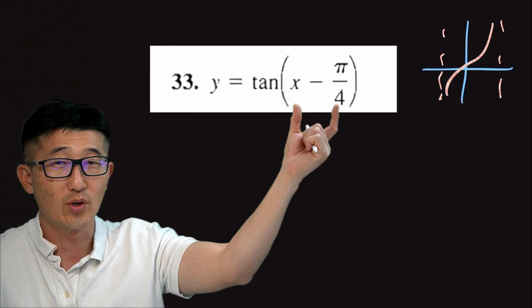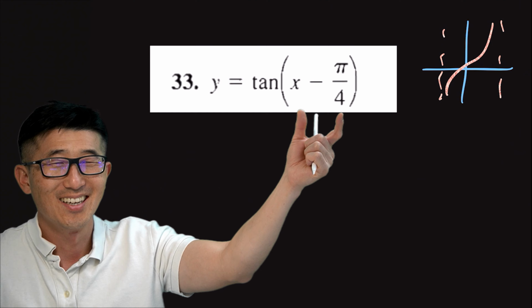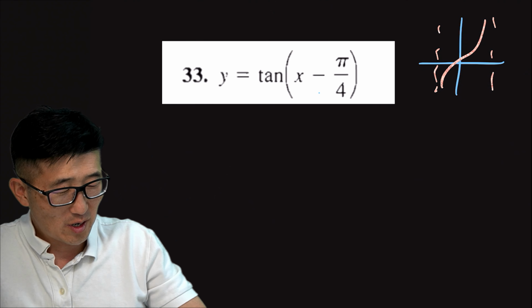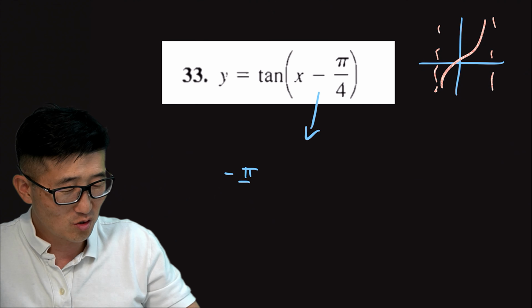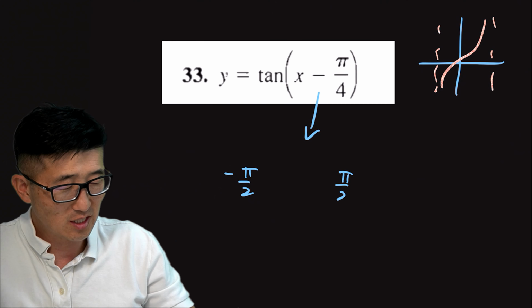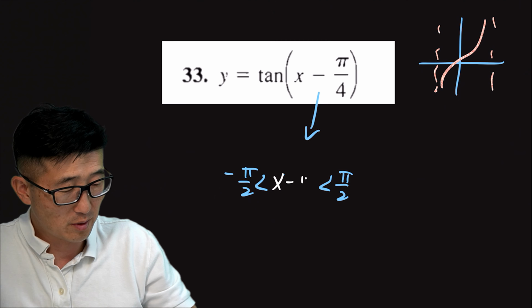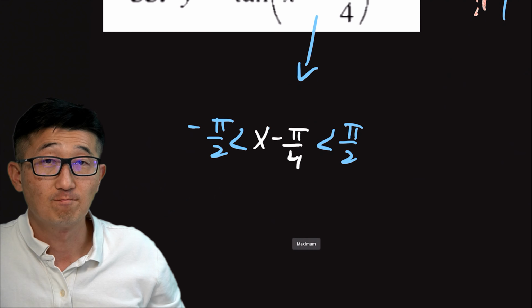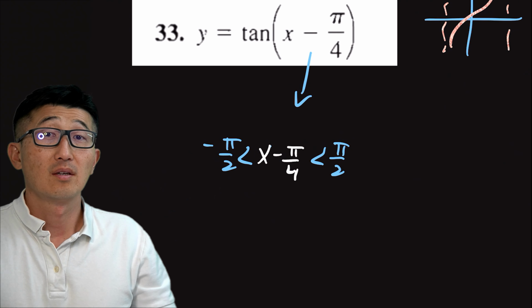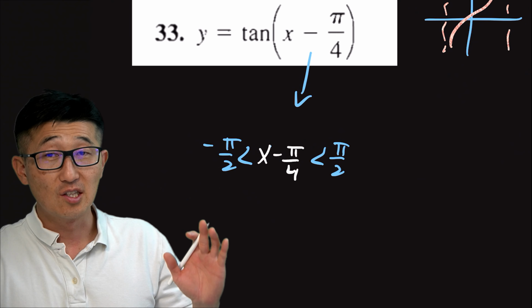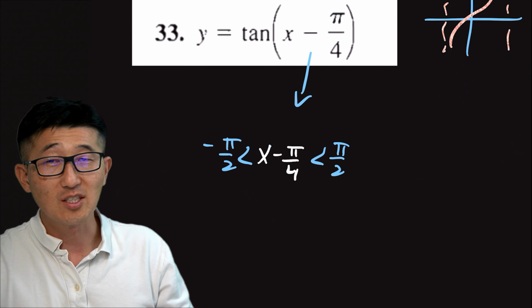So repeat after me, whatever's in the parentheses. Just put it right between negative pi over 2 and positive pi over 2. Like this. X minus pi over what? Pi over 4. Now there are other ways to do this, but in my opinion, this is the easiest way to graph this.